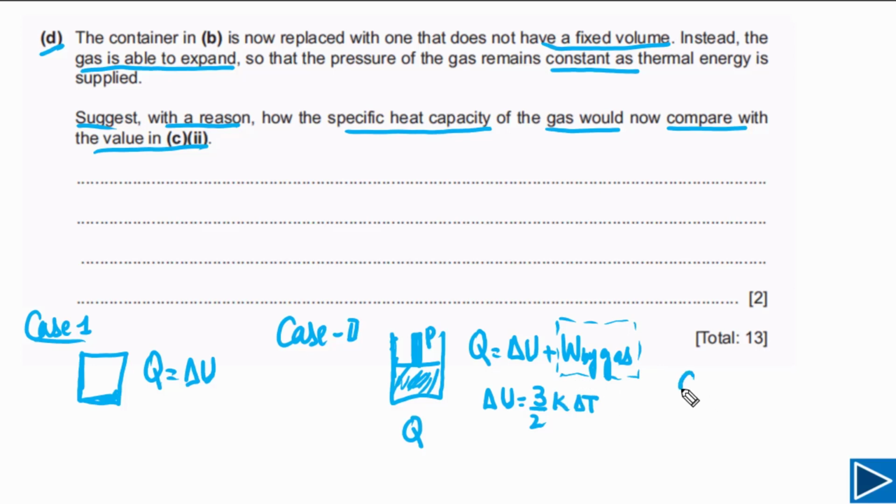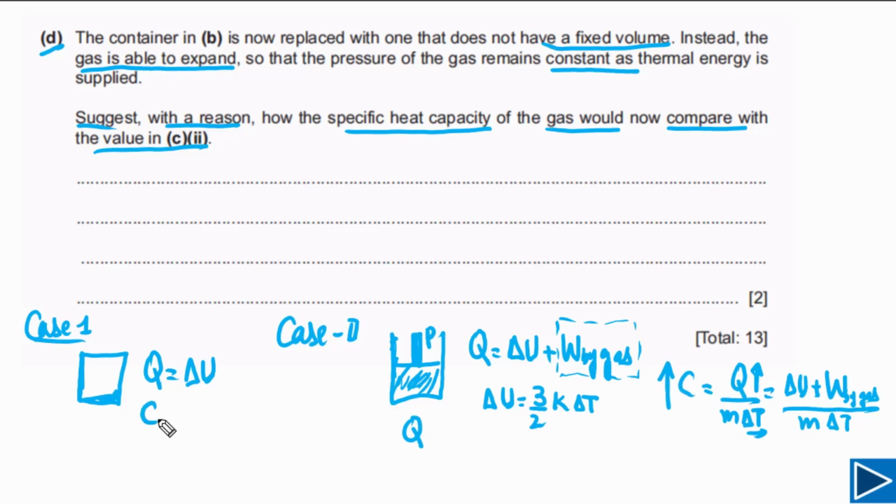Now if we write down the formula for specific heat capacity, that is equal to Q over M times delta T. For the same rise in temperature, this Q has to be greater, because this Q is equal to delta U plus the work done by the gas. Simply you can divide this by M times delta T, where M is the mass of the gas. So Q has to be greater. If Q is greater, it simply means that C is greater.